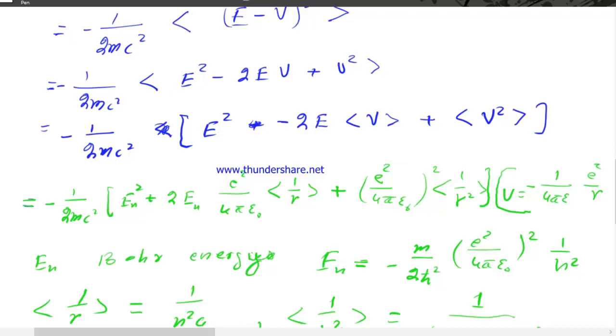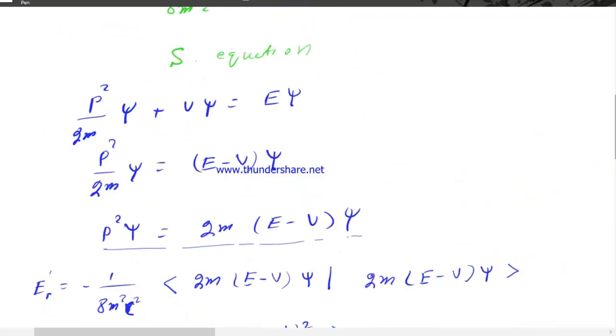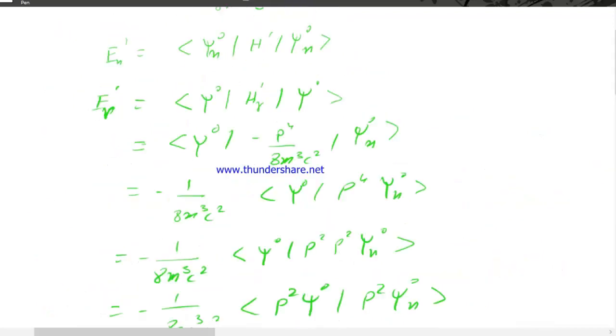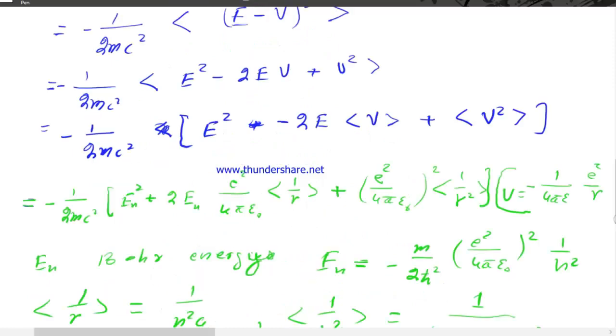The energy value is this one. This is the energy value.